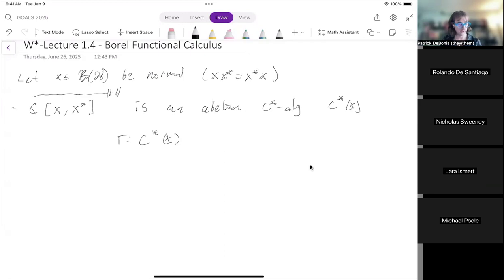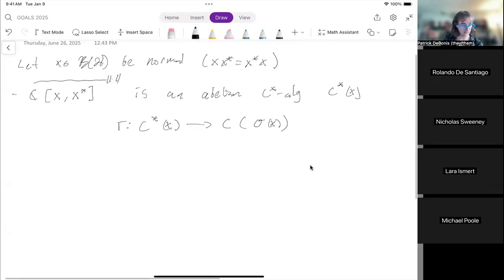Okay. So we're looking at the Gelfand transform from the C-star algebra generated by this element to the continuous functions on the spectrum of that element. This is an isometric isomorphism.